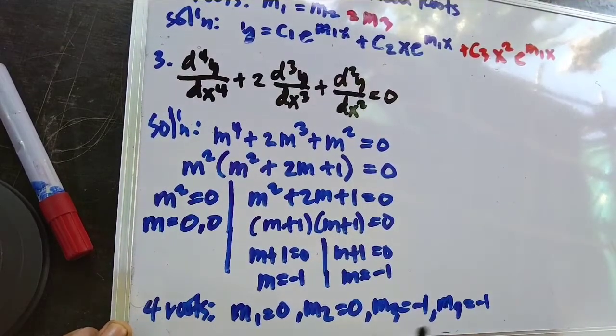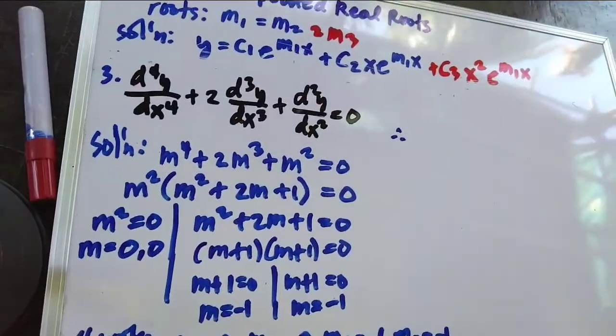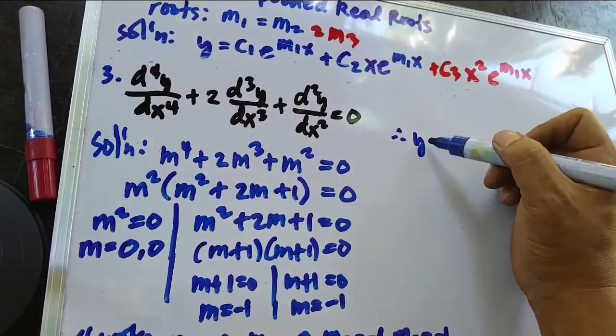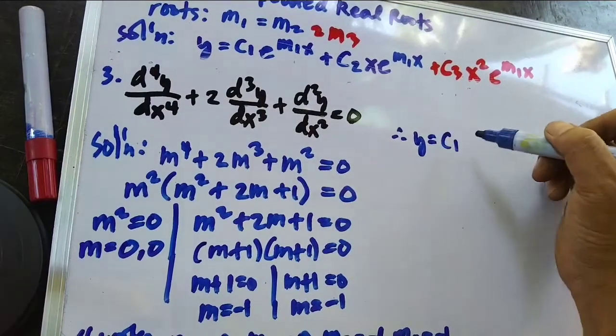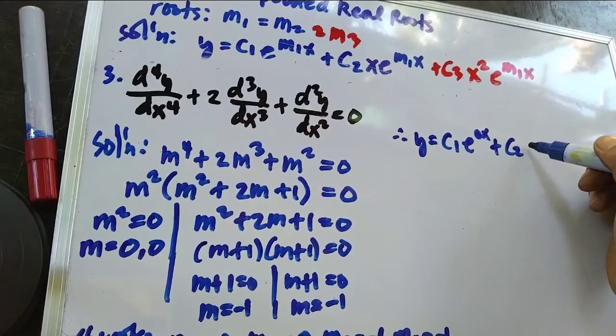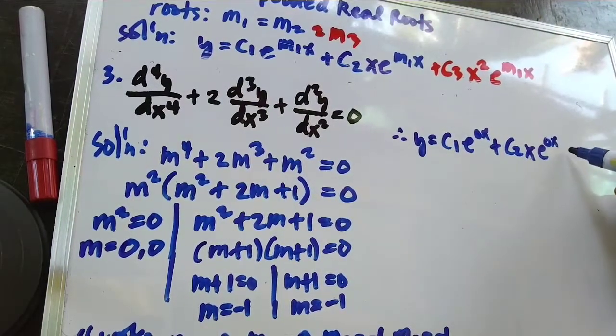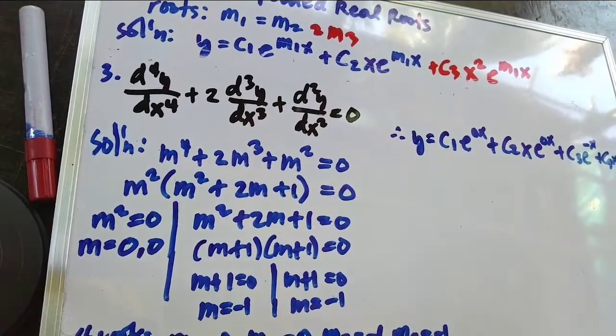Okay. So, therefore, what would be our solution? You have y is equal to c sub 1 e to the 0x plus c sub 2 x e to the 0x plus c sub 3 e to the negative x plus c sub 4 x e to the negative x. Okay, are we correct?